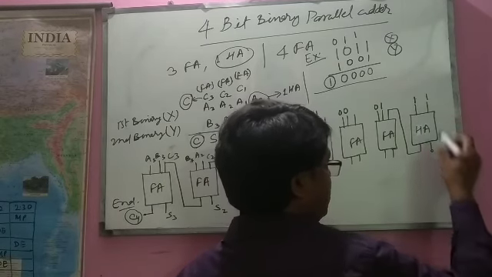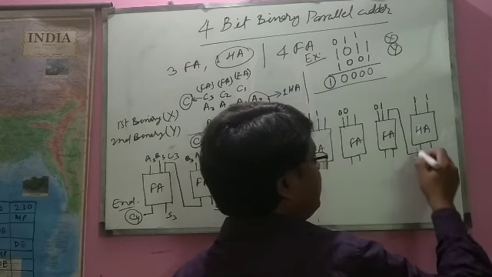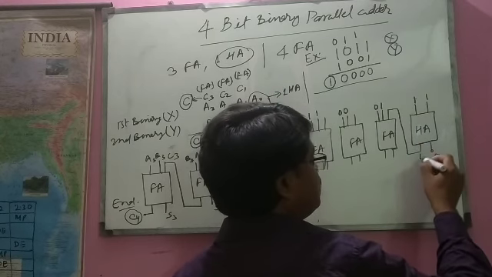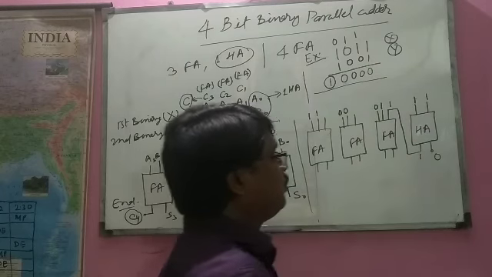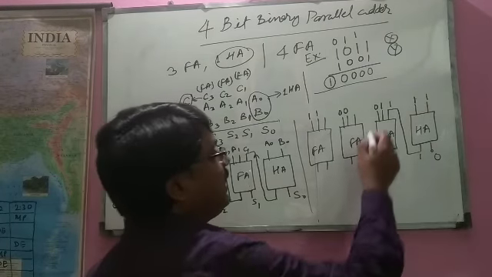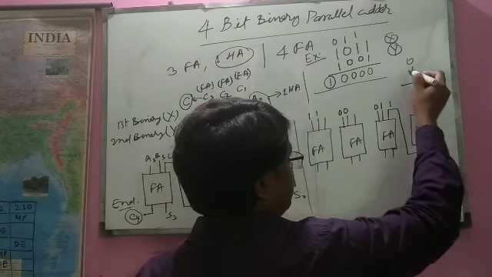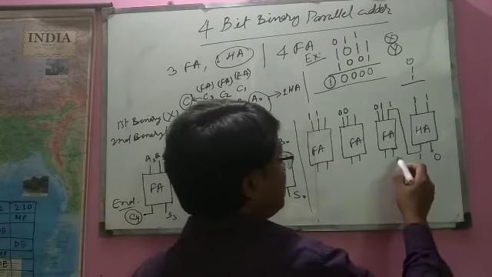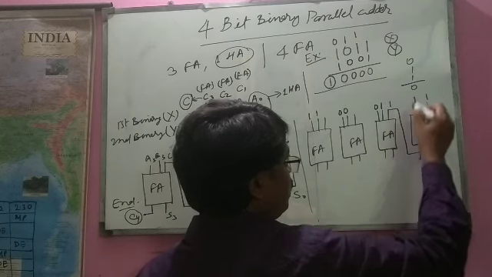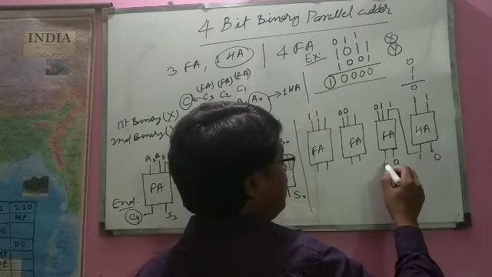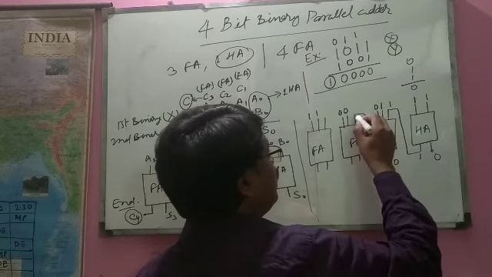So sum will be 0 and carry will be 1. So the carry here is 1, and it will go here. So it is a full adder now, and it will add 0, 1, 1. So after addition of 0, 1, 1, what will be the sum? 0. Okay, and carry will be 1, and this carry will go here.